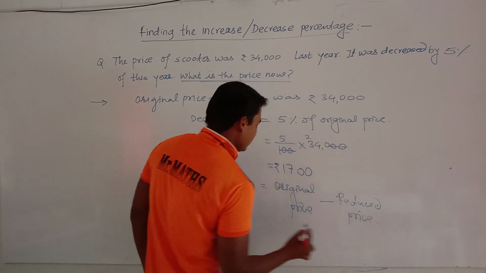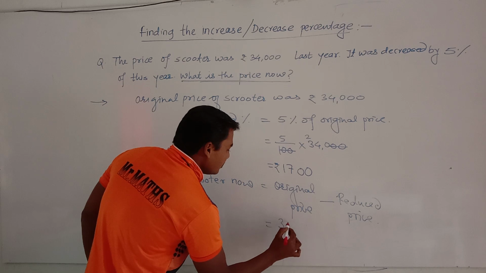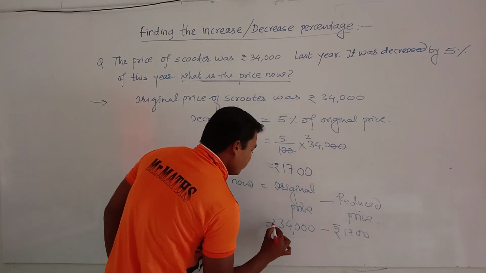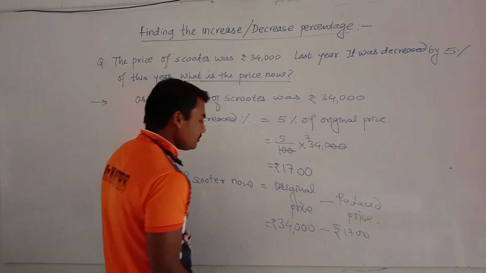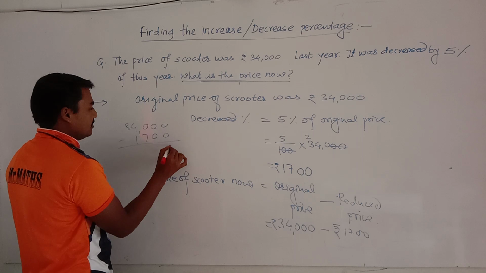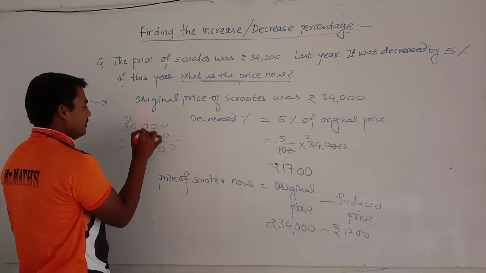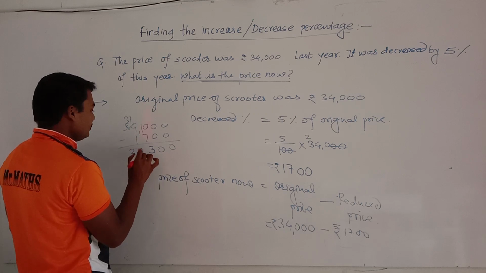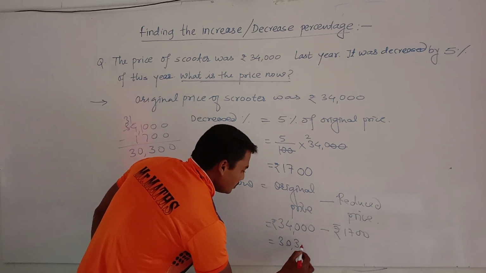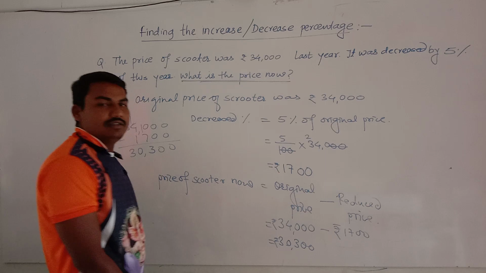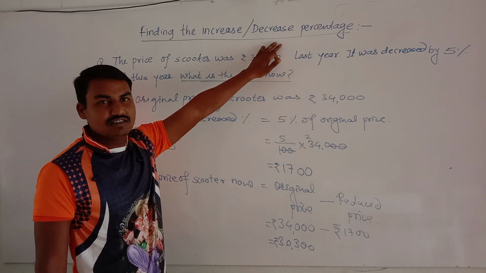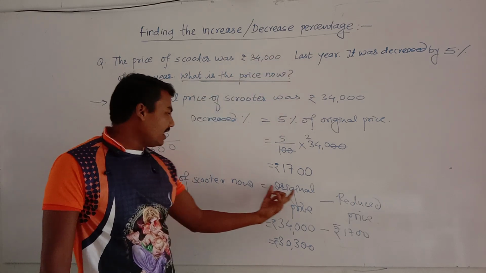Original price is 34,000 minus rupees 1700. तो कितनी आएगी? 34,000 minus 1700 is rupees 32,300.